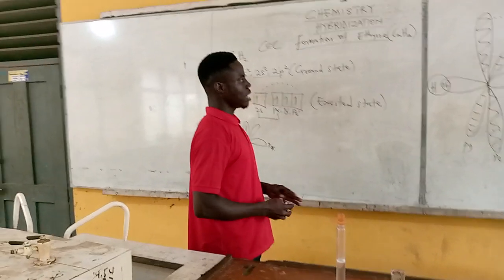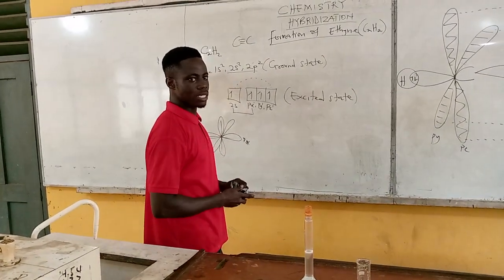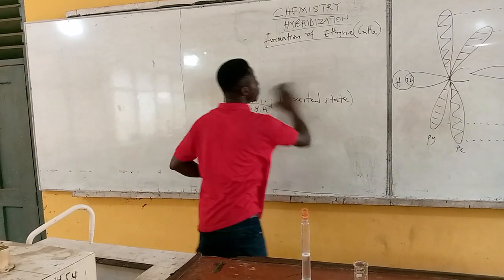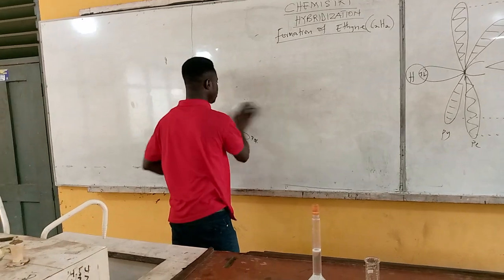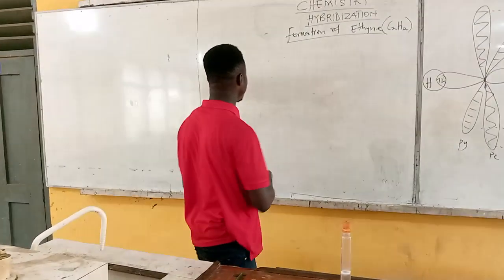Now with this, I want to talk about the last thing, and then we draw the curtains on this chapter. Now the last thing we talk about is to know the differences between diamond and graphite.